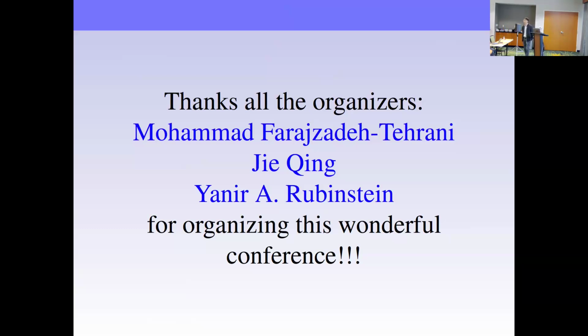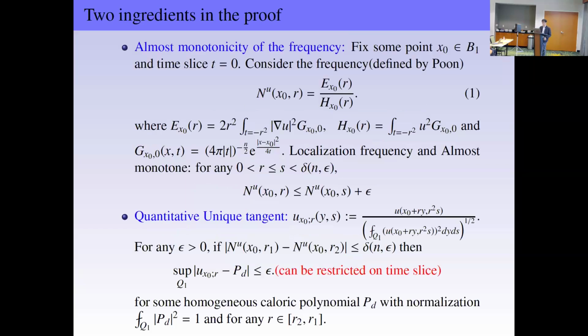Is there an exact monotonicity for the frequency without the epsilon term? Actually, we use just the standard frequency. We can prove that it's almost monotone, but not strictly monotone. Poon's proof with the standard frequency only works for the heat equation.